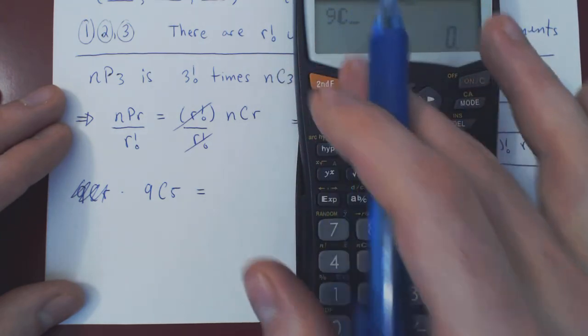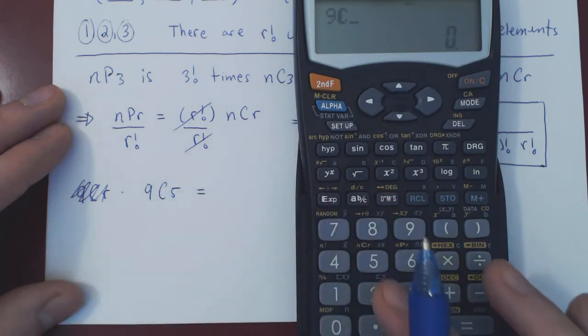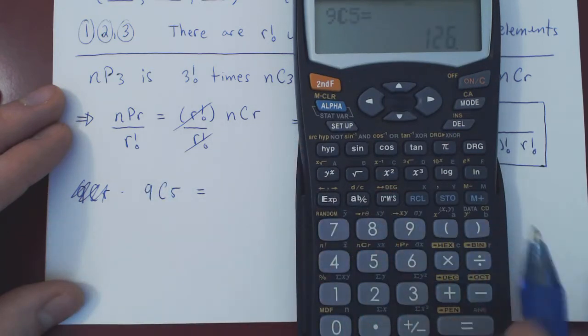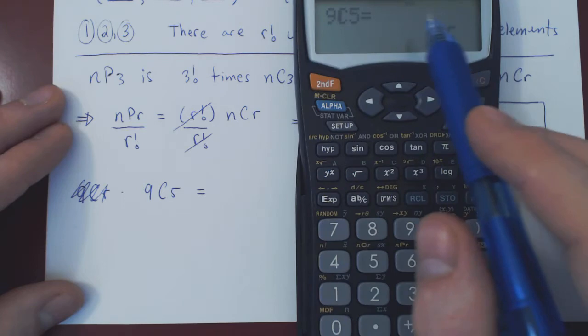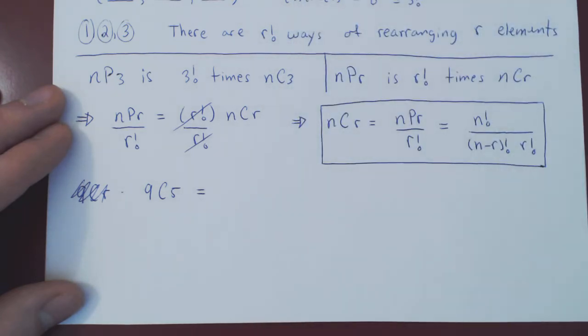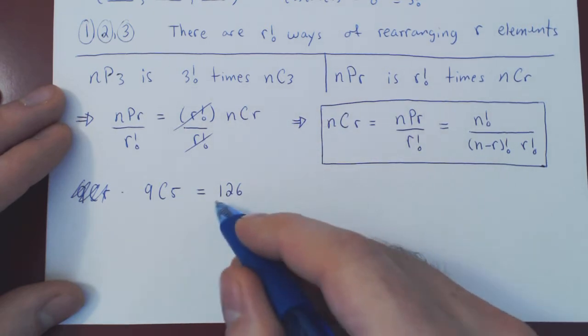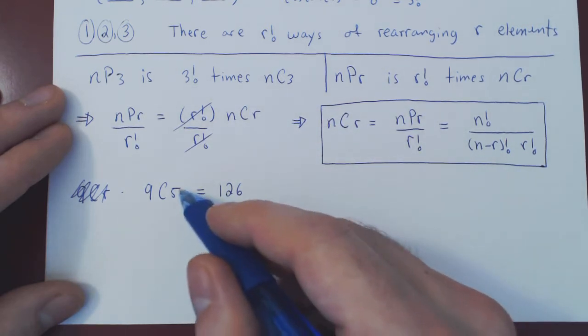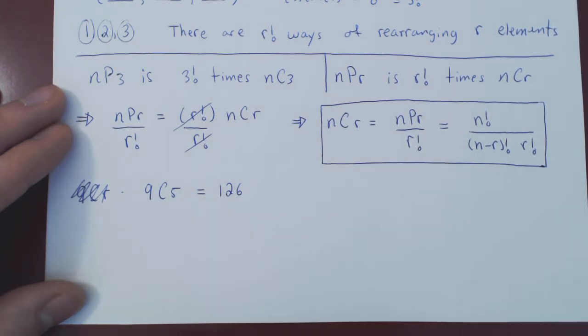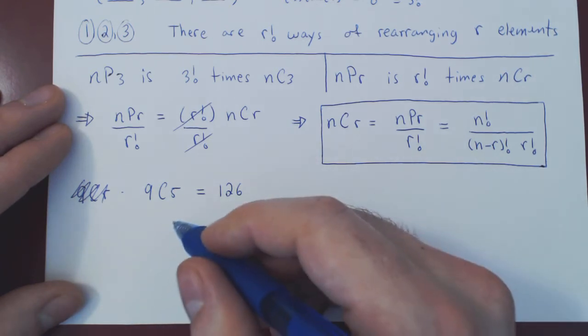Then you have 9C, and it is 9C5, so press 5. And you'll get that 9C5 is 126. So there are 126 ways of selecting 5 elements from 9 elements when the selection is unordered and without replacement.